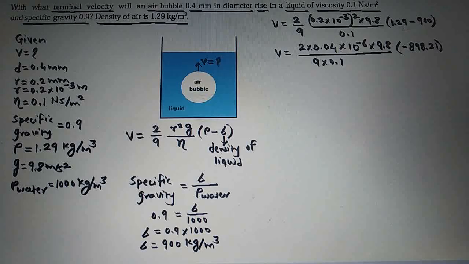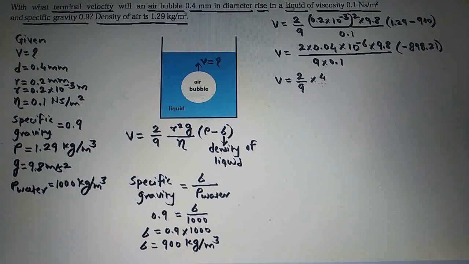So 1.29 minus 900 is equal to minus of 898.21.